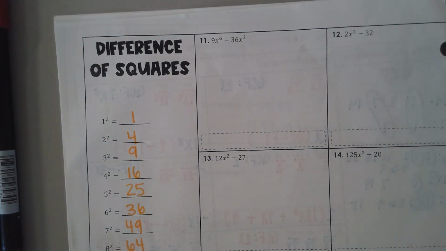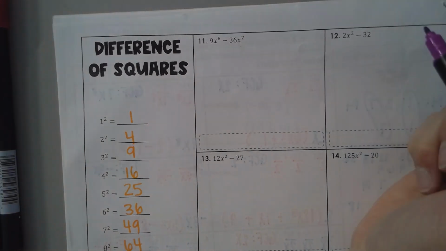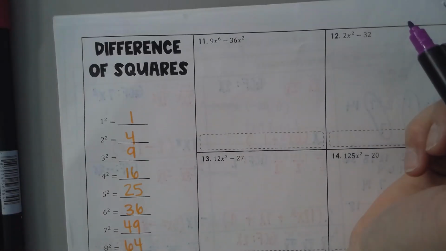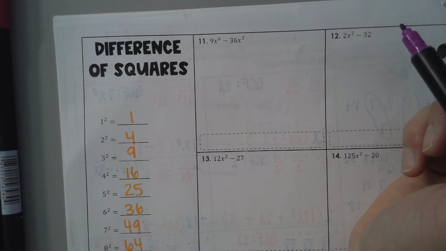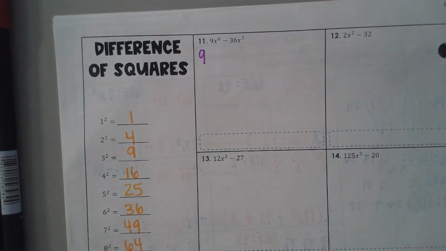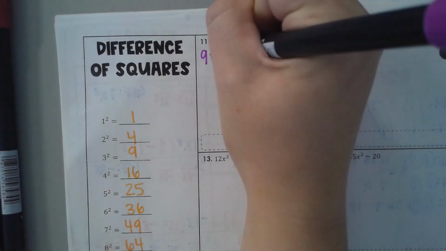So, of the 9 and 36, is there anything that you can divide both 9 and 36 by? 9. They're both divisible by 9. They are divisible by 3, but 9 is bigger. Do they have any x's in common? Yep, they have an x squared in common.